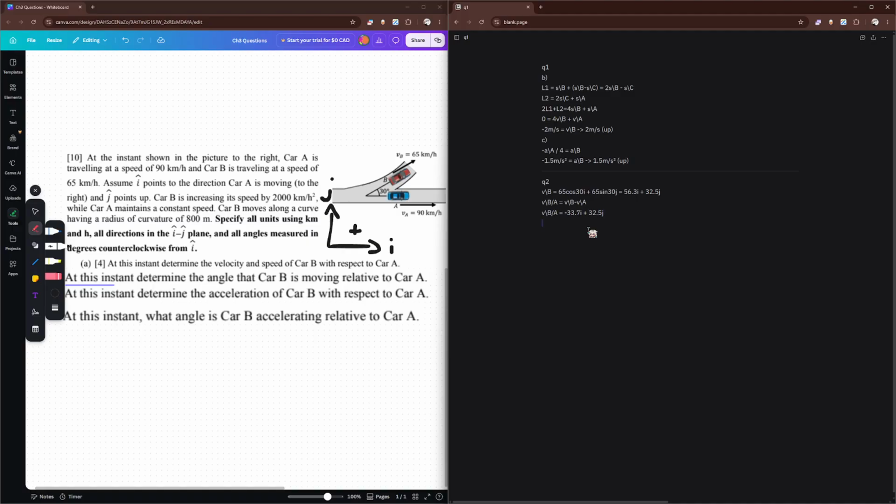And the speed is just the magnitude. So we're going to take the magnitude of VBA, which is equal to the square root of 33.7 squared plus 32.5 squared, which is 46.8 kilometers per hour.